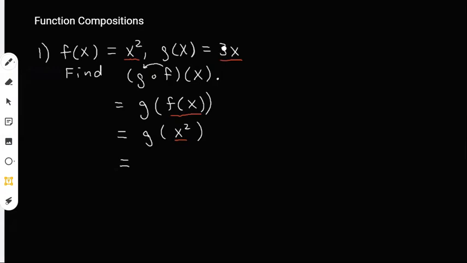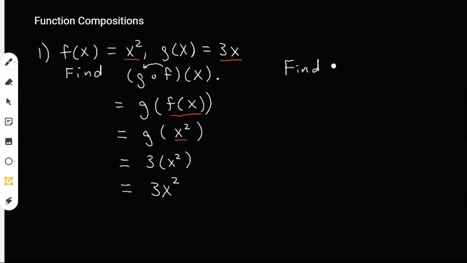I'm still going to have the 3 out in front, but instead of having an x, I'm going to replace that with this x squared that's on the inside. And then 3 times x squared is going to give me 3x squared. That is my composite function.